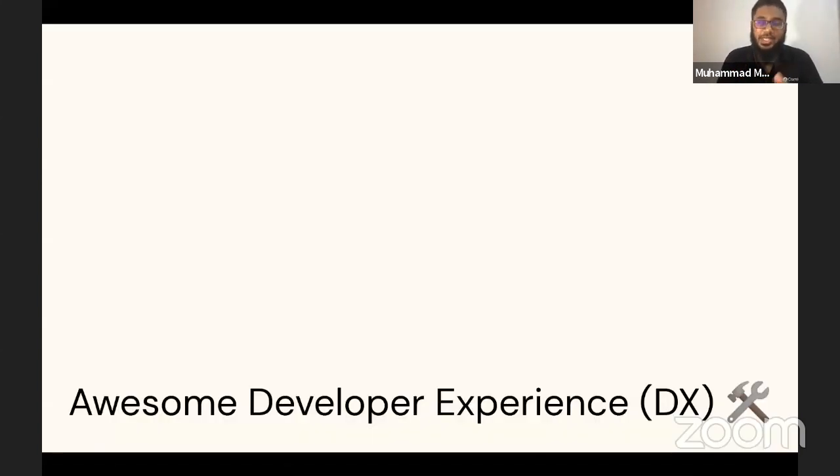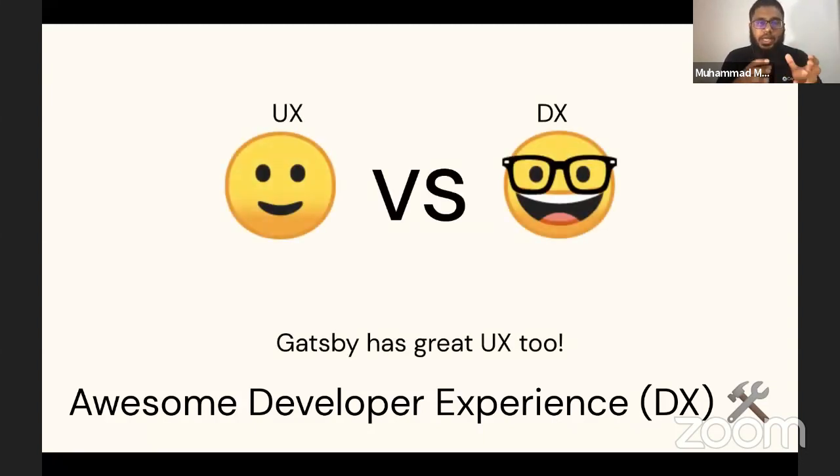And it also has an awesome developer experience because it has combined the best of giving a great developer experience with giving the best user experience. For example, let's talk about accessibility. When you have an image tag, you also have to give an alt attribute.